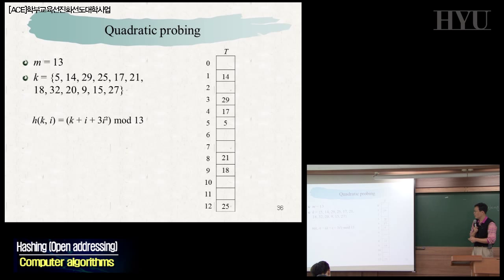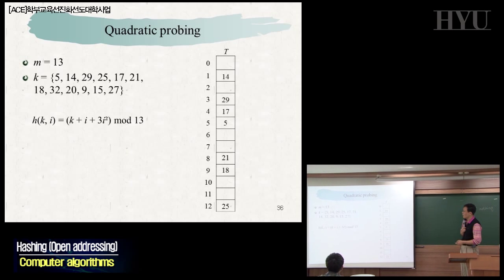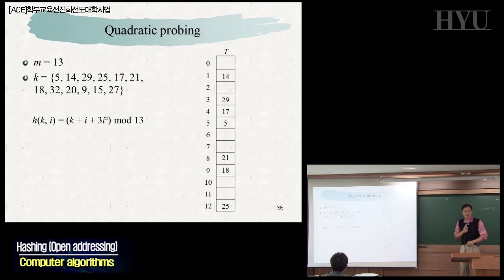So instead of checking the next slot, we jump. Then, as I told you, this was the only collision, and all the other collisions are pseudo collisions.